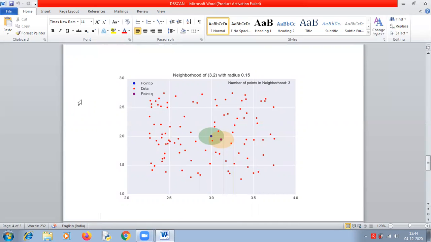If I can get to the point R by jumping from neighborhood to neighborhood, starting at a point P, then point R is density reachable from point P. So this is the meaning of density reachable. As an analogy, we can think of density reachable points as being the friend of a friend. If the directly reachable points of a core point P are its friends, then the density reachable points are the friends of its friends.